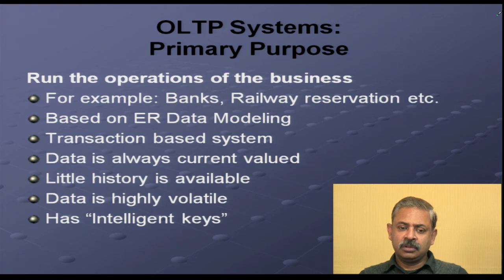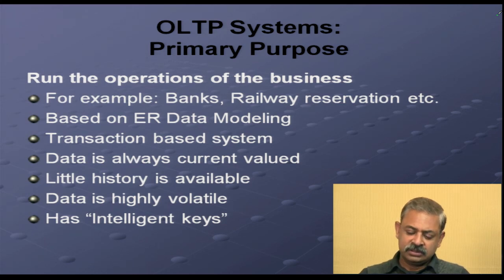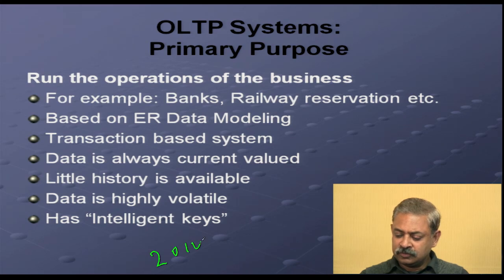And operational systems typically have intelligent keys. For example, take a typical ID number of a BITS student, which has a lot of information embedded into it. Say, 2014 A7 PS 102P.